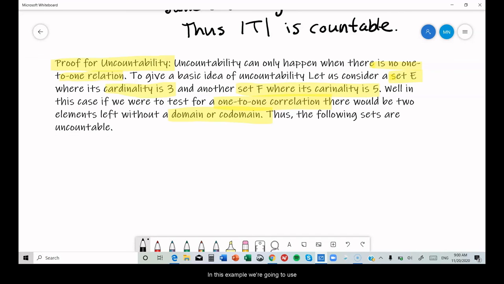And in this example, we're going to use Cantor's diagonal argument. So let's say we have a list of real numbers in between the interval of 0 and 1. Remember, our list is in real numbers.